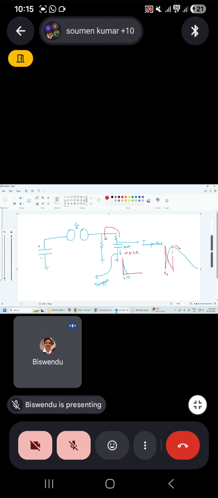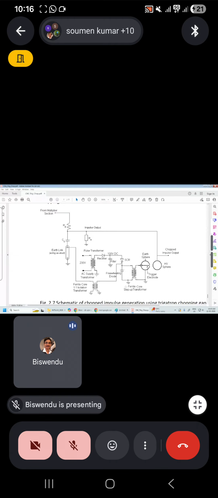This trigger is given with the help of a pulse transformer. You can see this pulse transformer. Sorry, this is the isolation transformer. From the shunt, it is given to the ferrite isolation and it is fired through SCR.